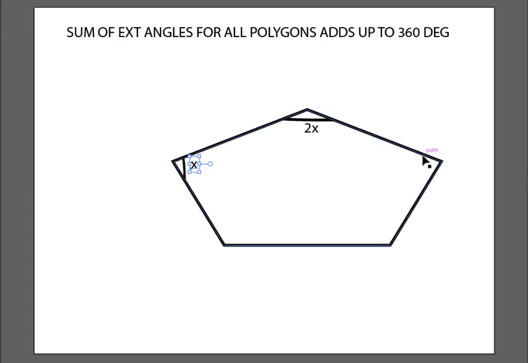That angle is also x here. Alright, so you are told that this angle here is also x, right? And then these two angles are equal as well, right? These two angles are equal as well.